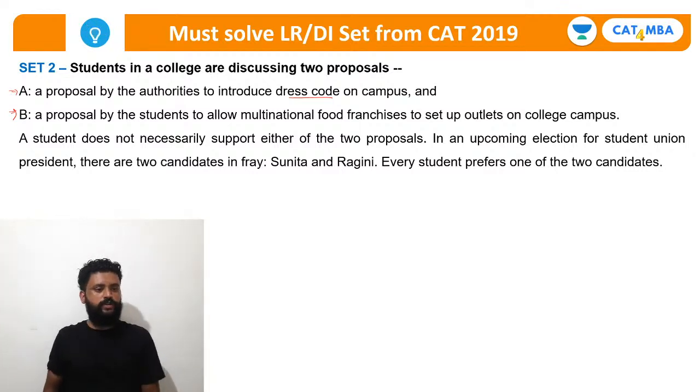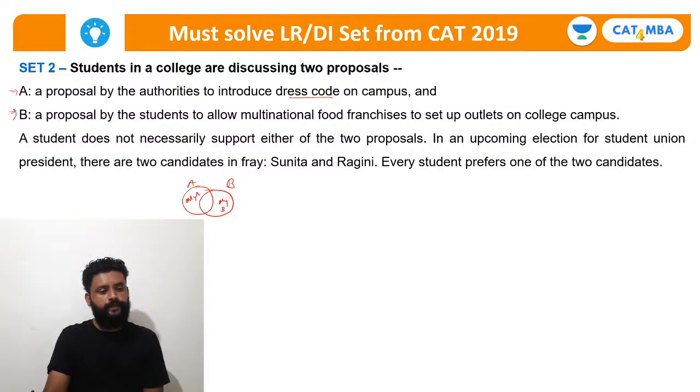So there are 4 possibilities. So you can simply think about the set theory: A, B, only A, only B, both A and B, and there may be the other group which will say neither A nor B. It looks simple.